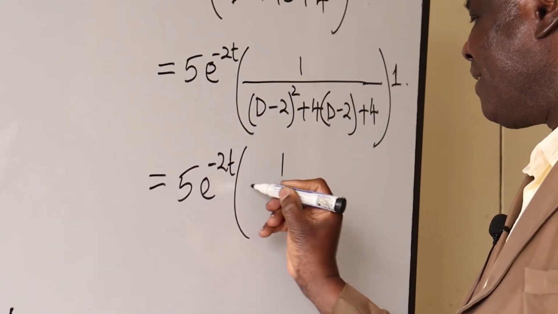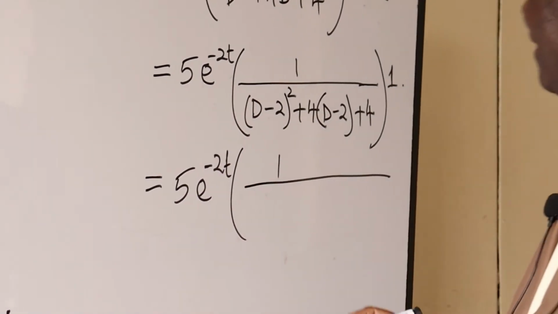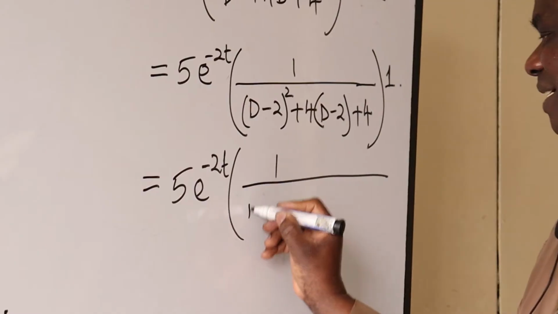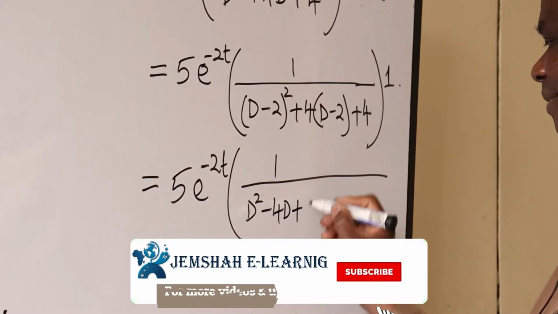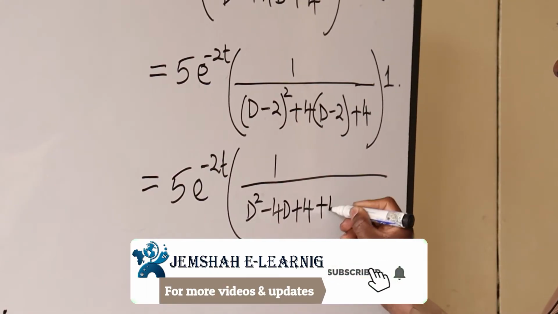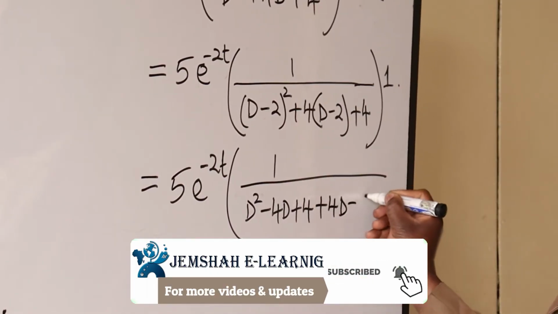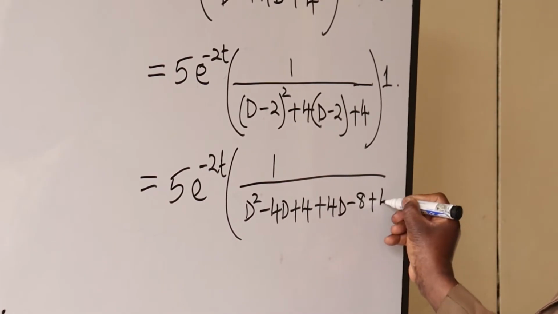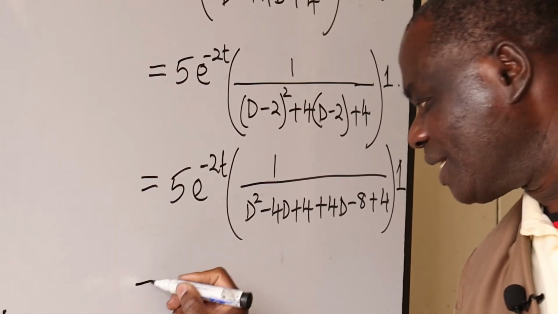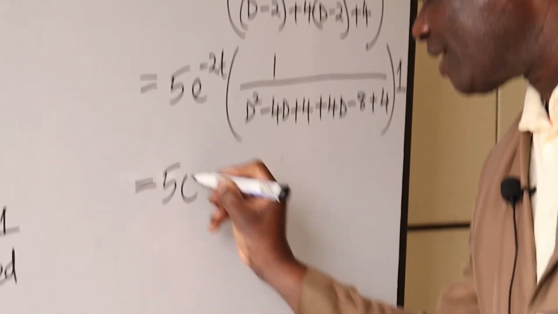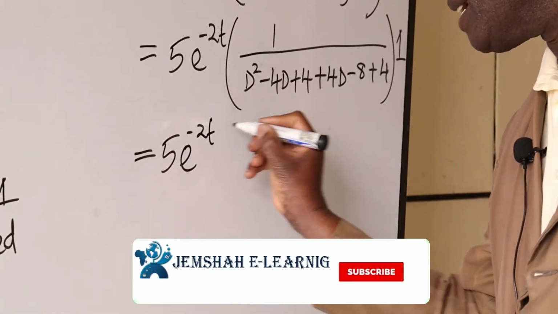We have 1 all over... we now expand: d squared minus 4d plus 4, plus 4d minus 8, plus 4, the whole of this acting on 1, which is equal to 5 exponential negative 2t.